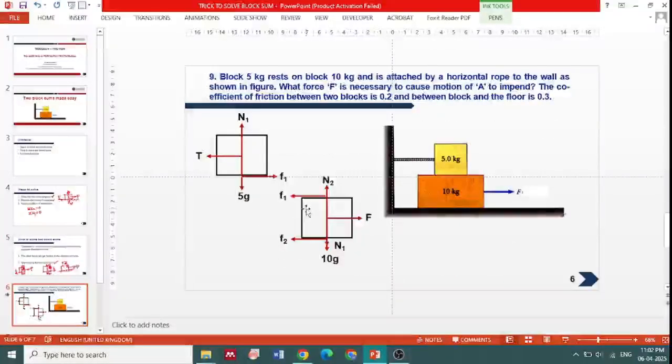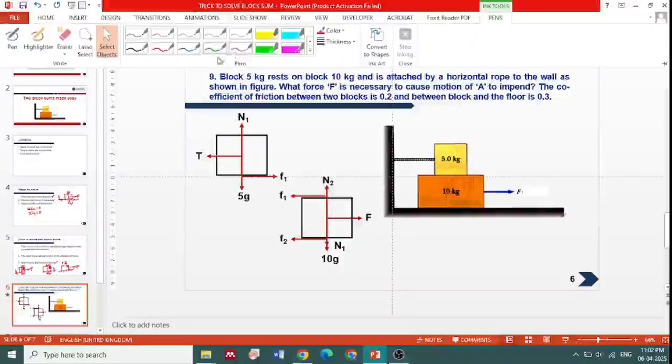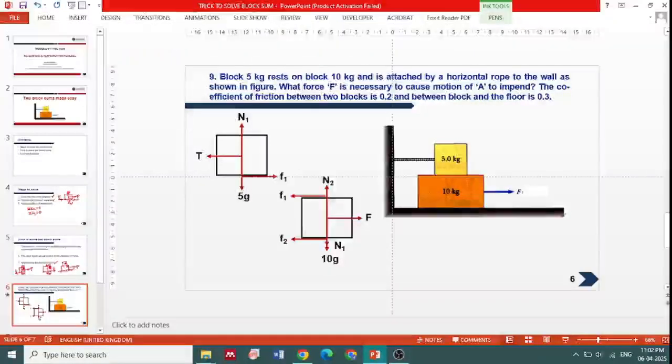Let us take an example. This is example number 9 of our tutorial of module 4. We have a block of 5 kg which rests on a block of 10 kg and is attached by a horizontal rope.